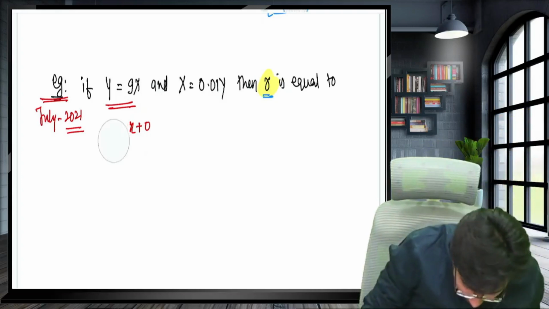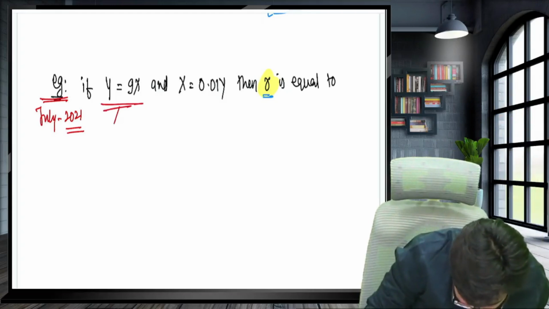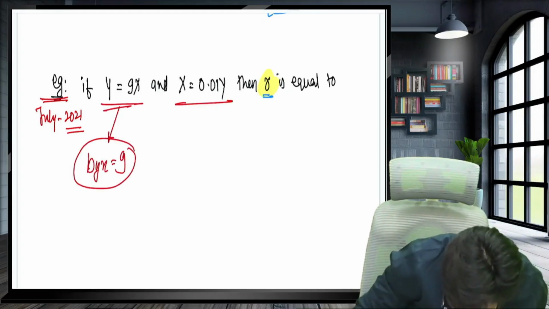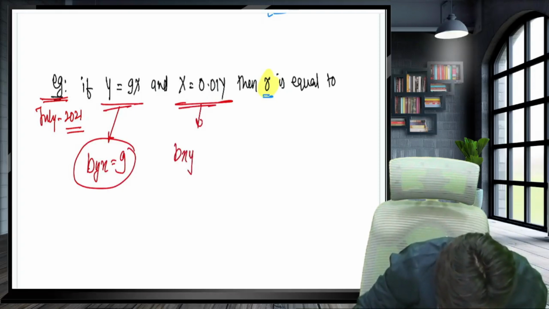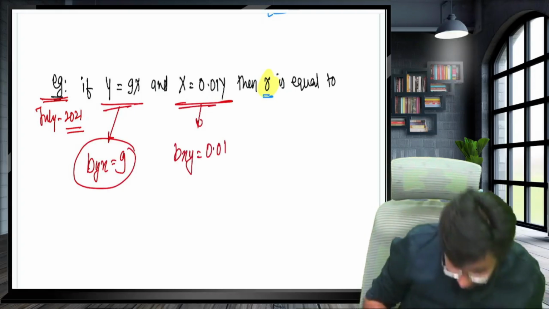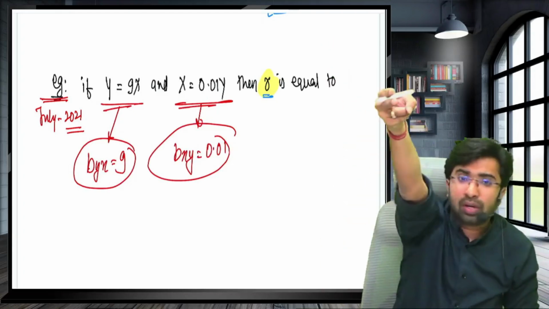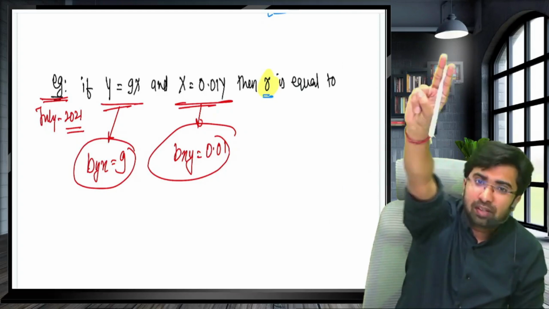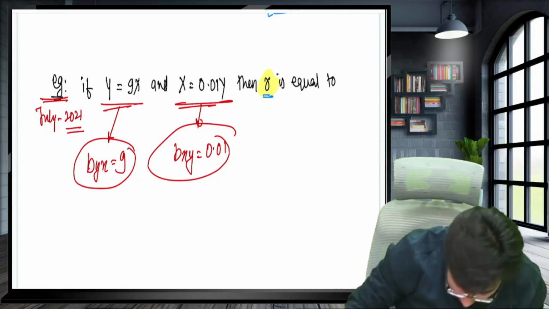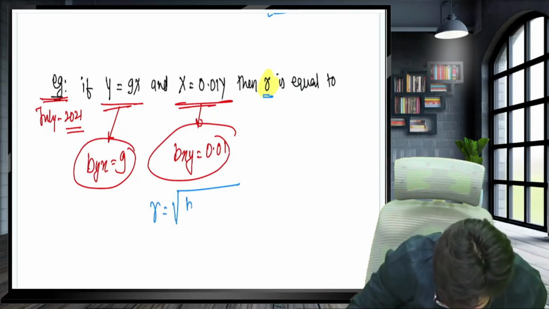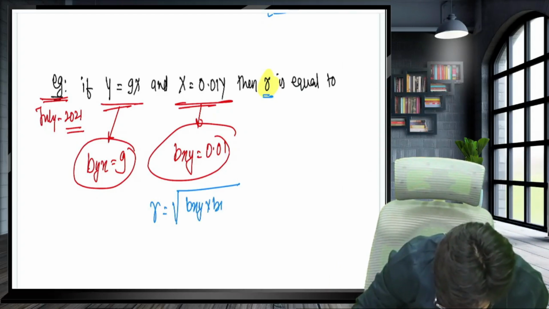So here what is b y on x? From here you will get b y on x, whatever it is, 9. And from here you will get b x on y, and that is 0.01. Now conclude: if one is greater than 1, the other is automatically less than 1. Both are positive. Can you see, guys? So here you will get R is equal to positive under root of bx on y into by on x.